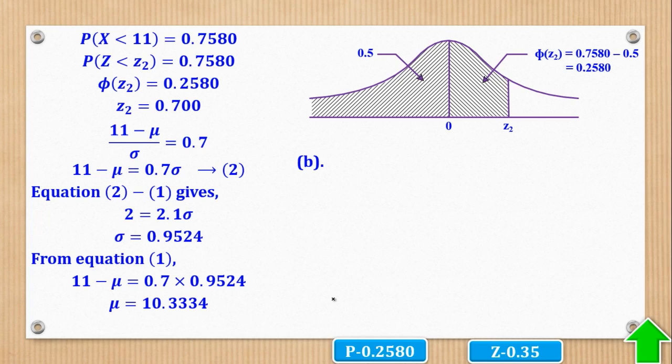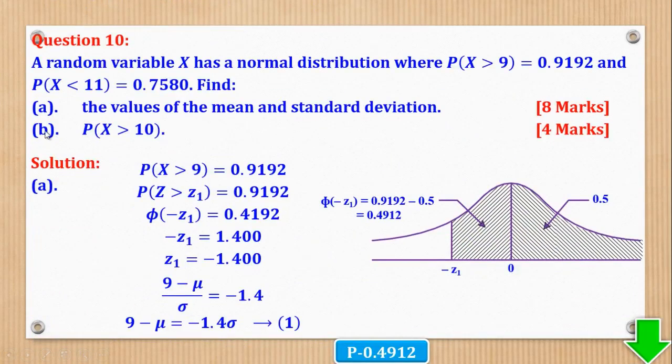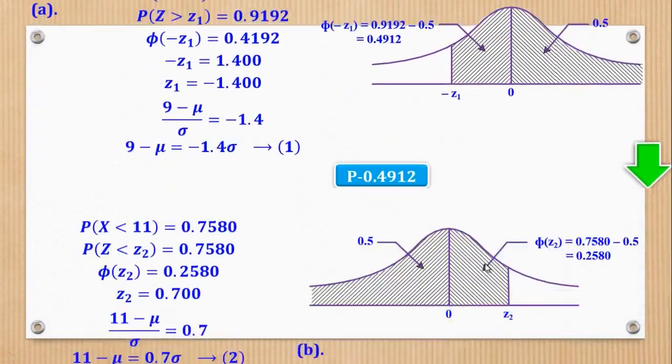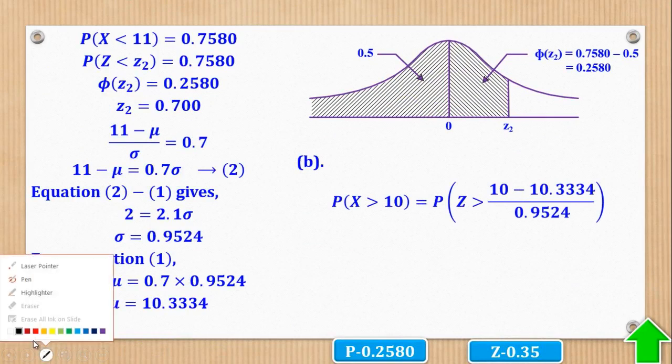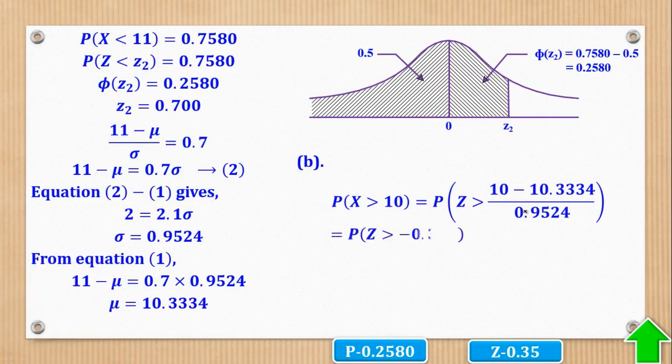For part B, it says find the probability of x greater than 10. Now the good thing, we already know the mean and standard deviation, so we can easily standardize. So when you standardize, you shall come up with this. To use the table, you have to convert it to phi, which is 0.5 plus phi of 0.35.